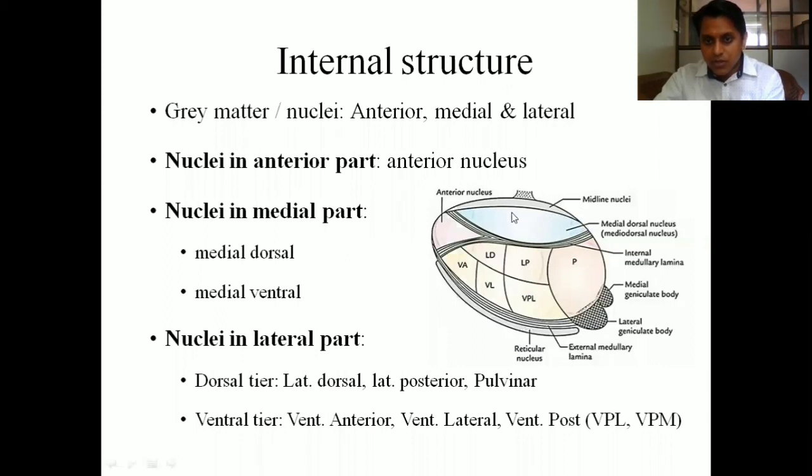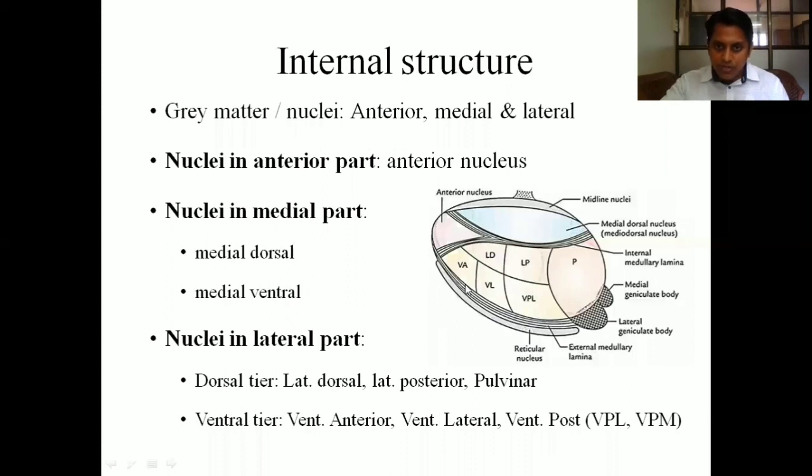This group of nuclei on the dorsal surface of the medial part is the medial dorsal, and the one on the ventral side is the medial ventral. So in total it is divided into anterior, medial and lateral, and the medial and lateral are further divided into ventral and dorsal. The one appearing on the dorsal side will be medial dorsal and the other medial ventral.